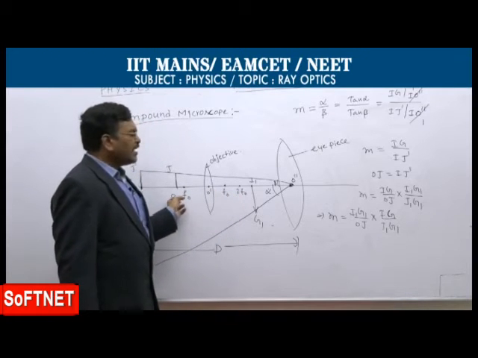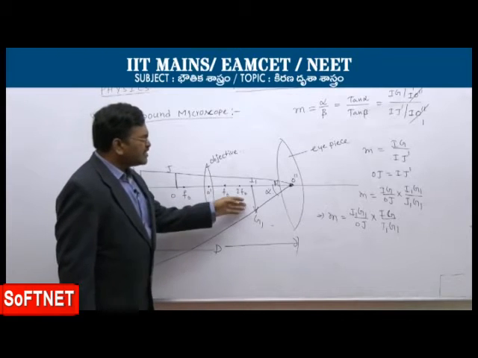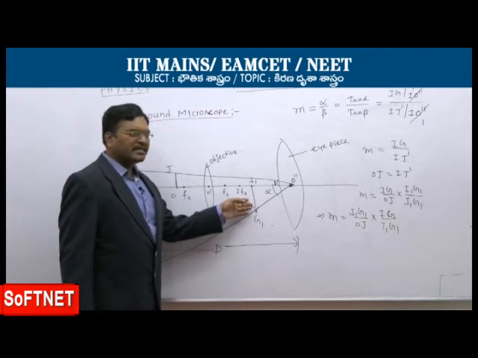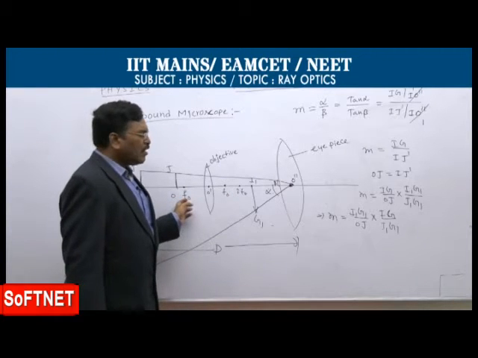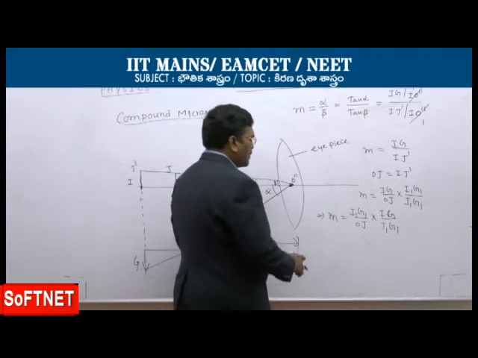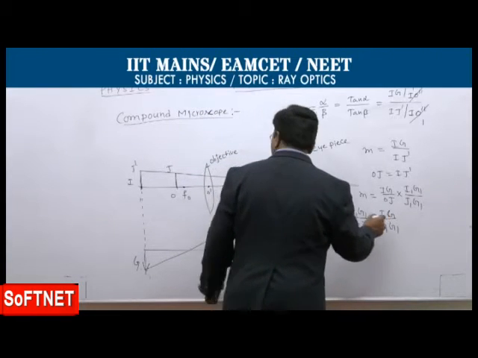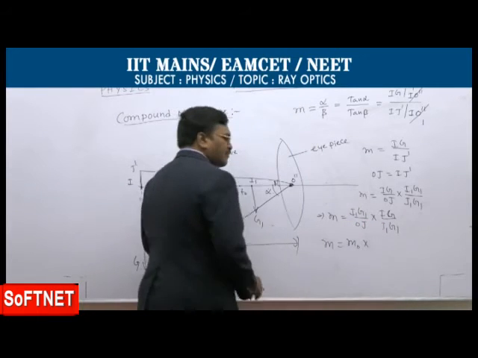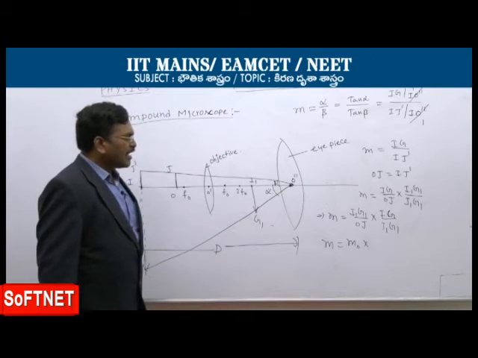Oj is the object. So this ratio is nothing but the magnification of the objective. And Ig is the final image. I1 G1 is the object for the eyepiece.